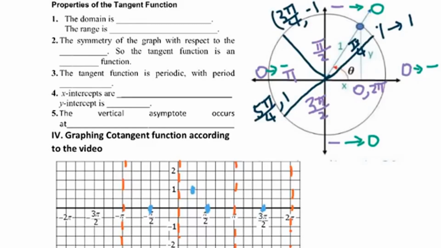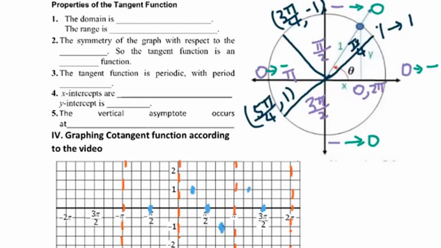So we use these points. You get 3 pi over 4, it's over here. It's negative 1. Go here. Then you have 5 pi over 4. That's a positive 1. Let's go here.